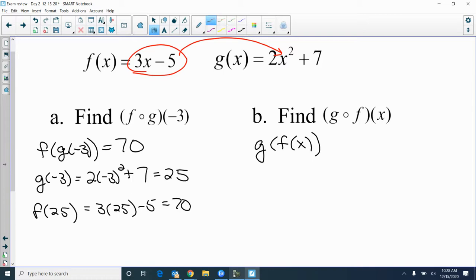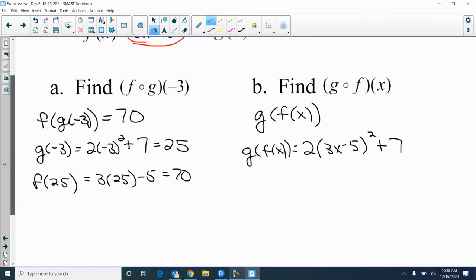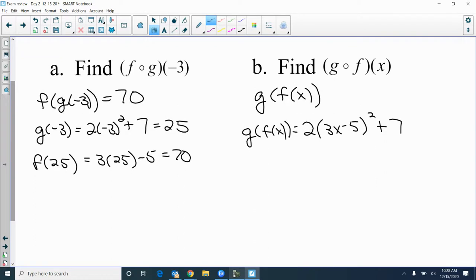So g of f of x is 2 parentheses, 3x minus 5 quantity squared plus 7. All right, go ahead and make sure you FOIL that. Distribute the 2, combine like terms. You do not have to factor, do not try to solve it. Just simplify it.